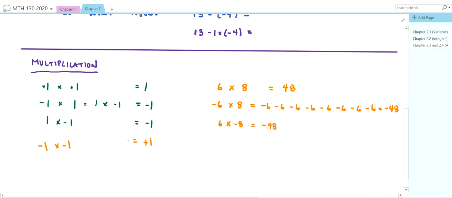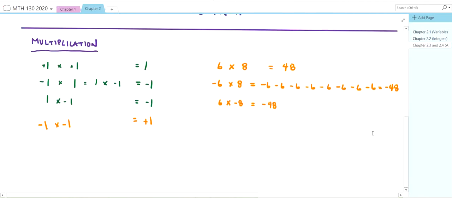And the reason is not just an arbitrary reason. The reason it equals positive 1 is because when we start developing rules for math, we need our rules to follow certain situations. For example, we want our rules here of integers to follow the distribution law.